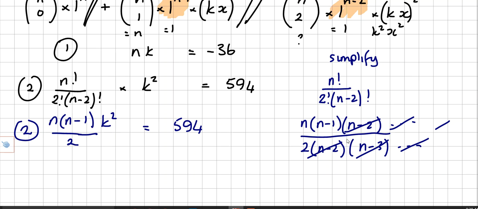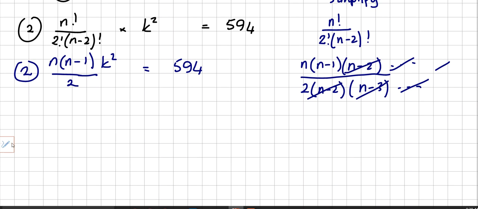How come it's not n minus 2 and then just n minus 1? Because this goes on forever. No, like the bottom part. Oh, she wasn't here yesterday. So if you do a factorial, let's say it's 5 factorial. What is that? That's 5 times 4 times 3 times 2 times 1.